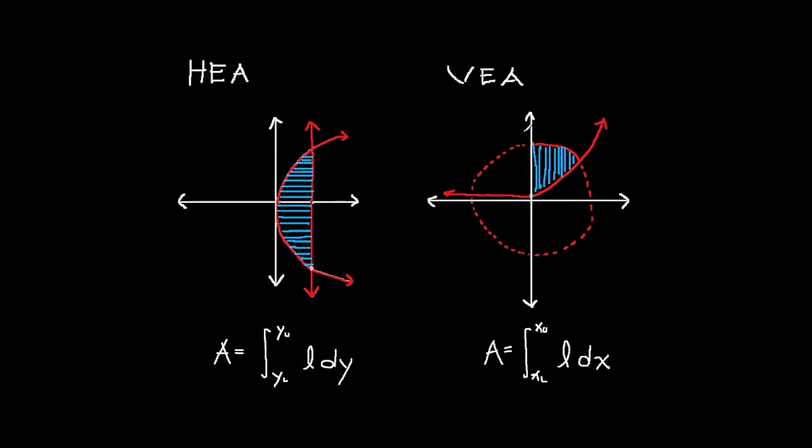Whereas, kung dito naman sa VEA, we always use the x value para sa lower and upper limit natin sa integral. Since we have one intersecting point here, and we need to find the x value since yung diagram natin dito shows that we have an upper boundary and a lower boundary. So we only need to find the limit kung saan siya mag-end.